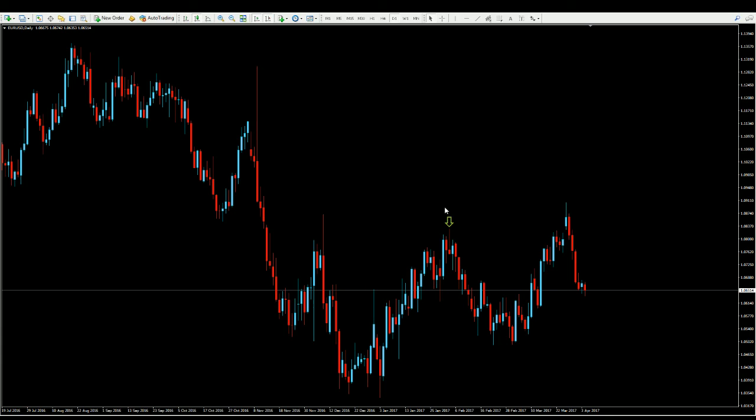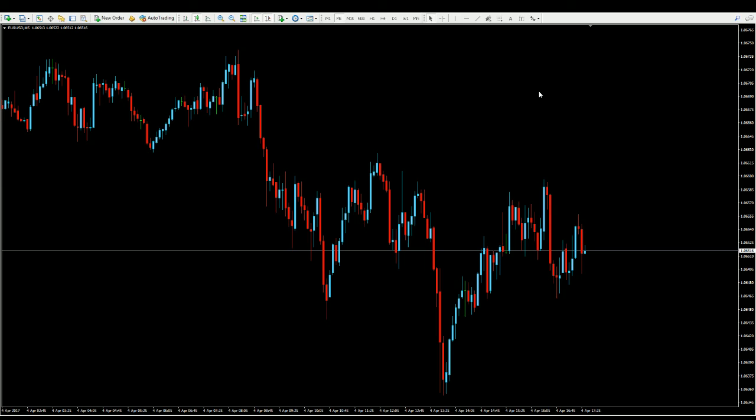Oftentimes, I see patterns on a daily chart that also show up on a 5-minute chart. My daily might look exactly the same as a 5-minute chart. In fact, we had that last week. I think it was on USD JPY. We had the same trend on the daily, and on the 5-minute they looked precisely the same.